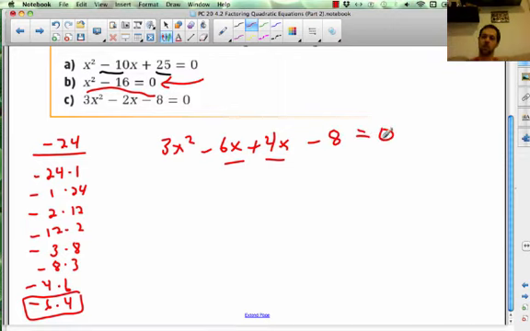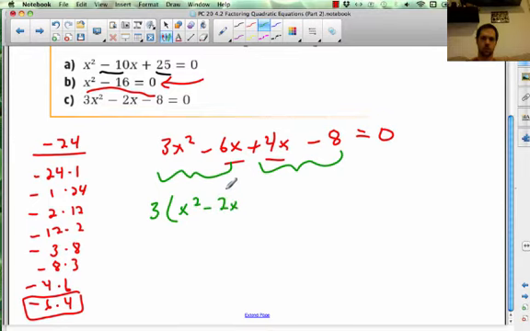Minus 8. Alright, and now we can use grouping to turn these into two factors. So take out a positive 3 and we get 3 times x squared minus, let's take out a 3x.